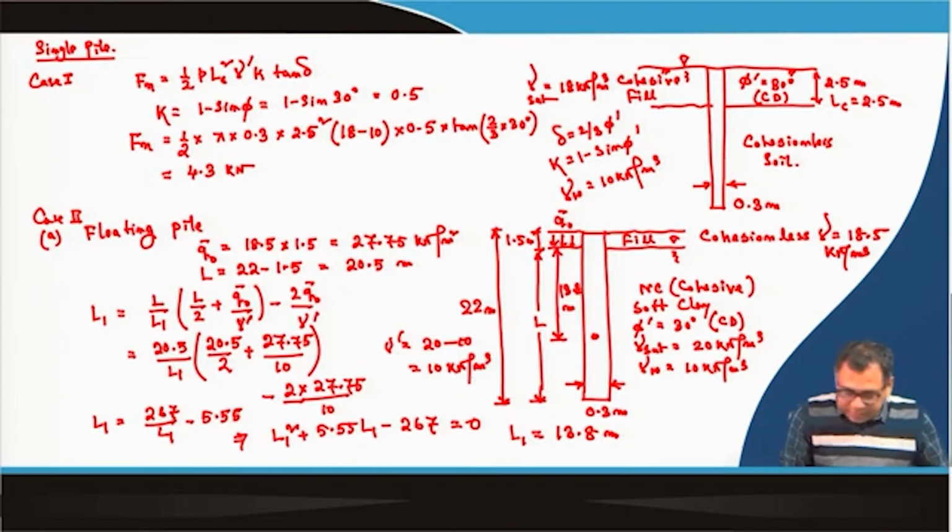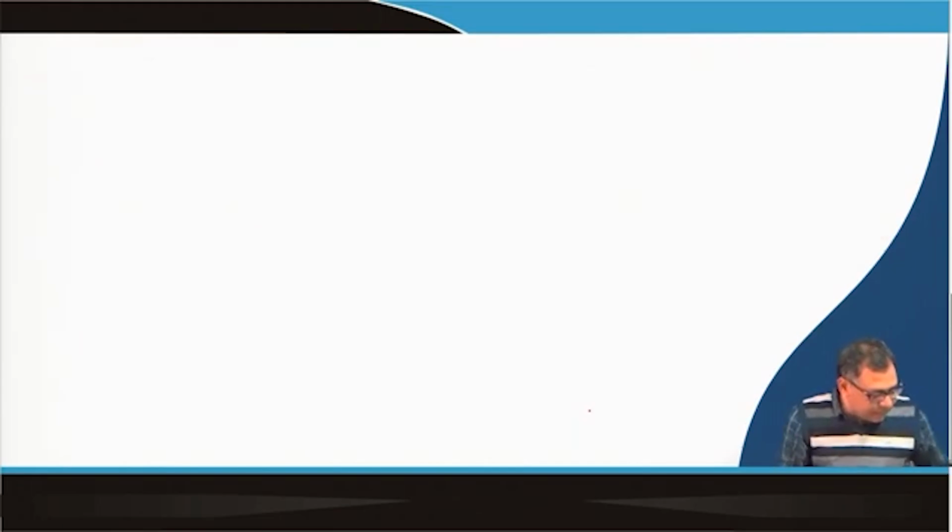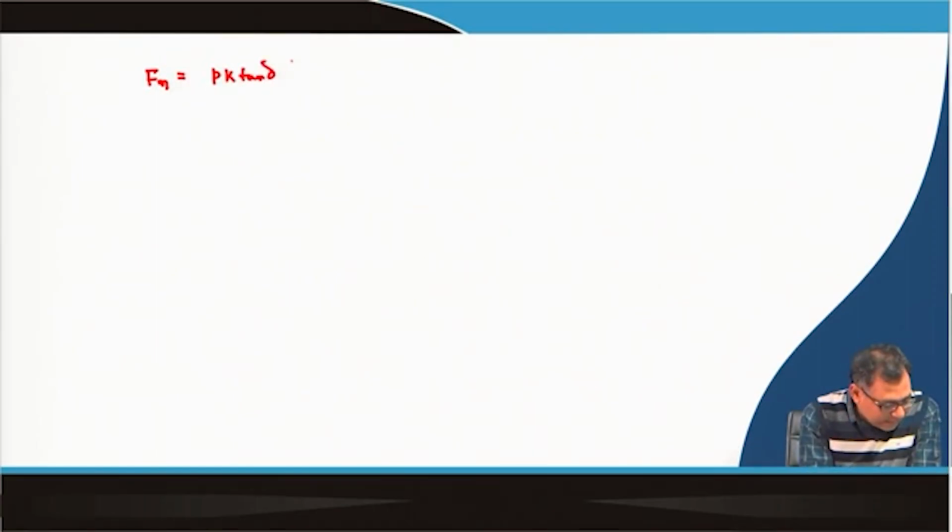Okay. So, I have determined the L1 value. So, F1 I can calculate, the expression is given. If I integrate that, I will get P k tan delta, and then integration of 0 to L1 of Q 0 plus gamma dash z, dz.